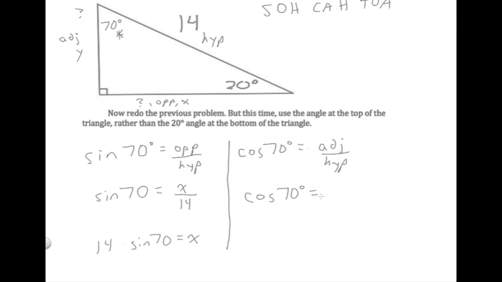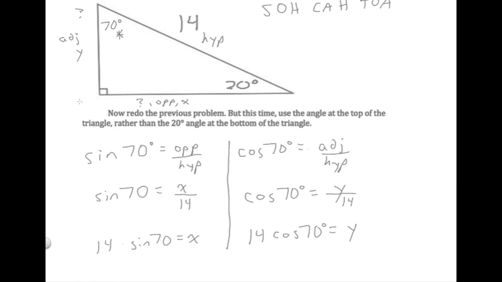So that cosine will be adjacent, y over 14. So we'll multiply both sides by 14 to get rid of this 14.